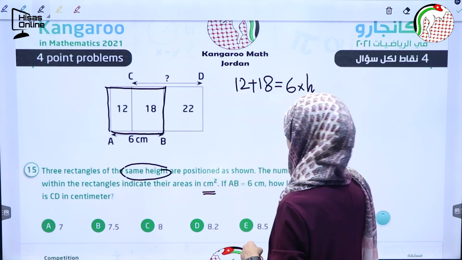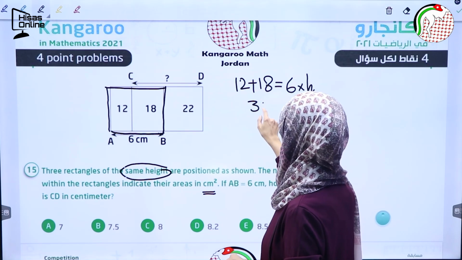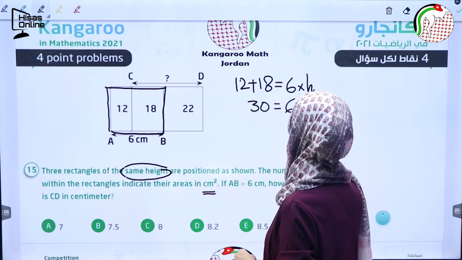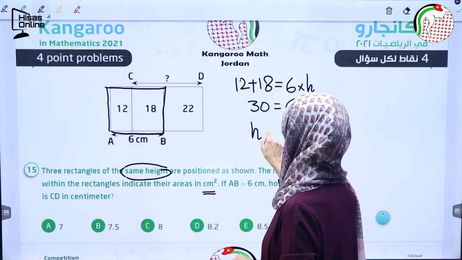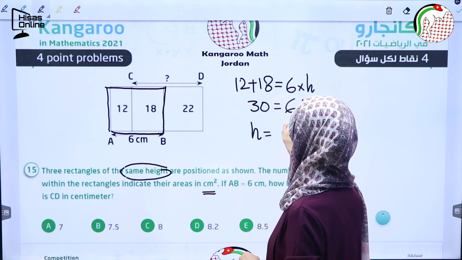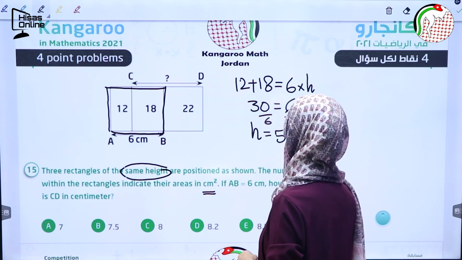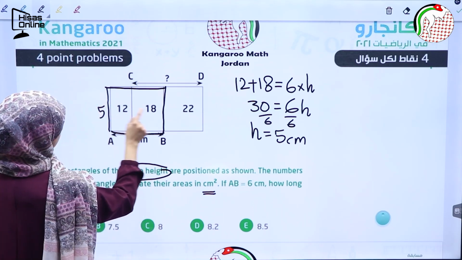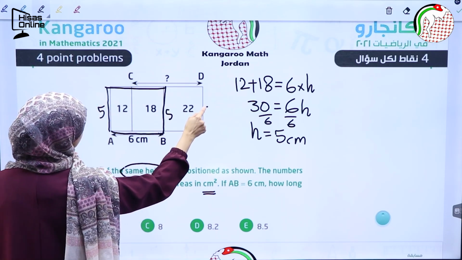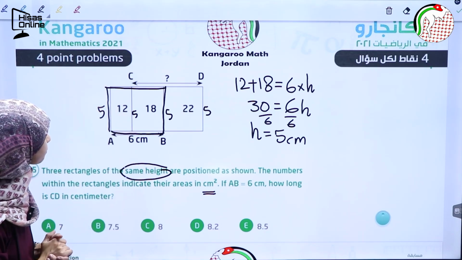Let's call it h. So that makes 30 equals 6h. Now, from this equation, we can find that h equals, if you divide by 6, 5 centimeters. So I have 5 centimeters here, 5 centimeters everywhere for the height.